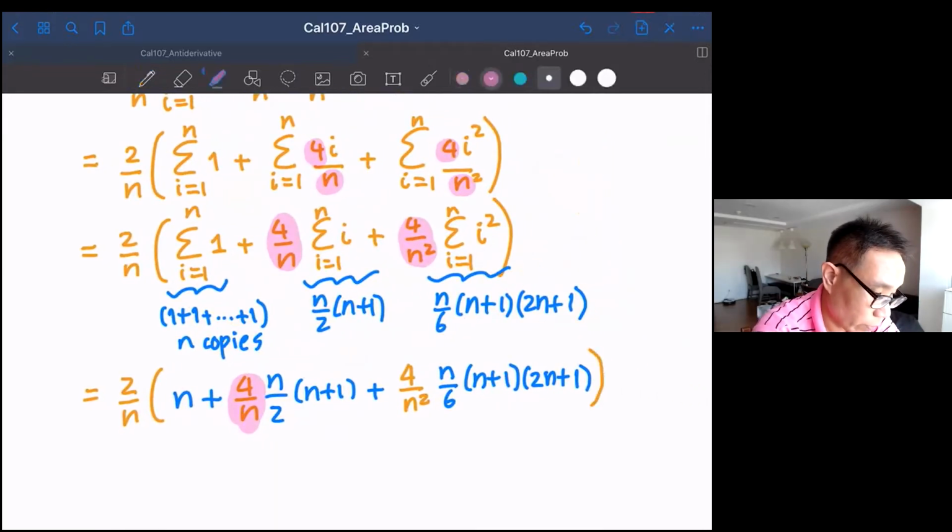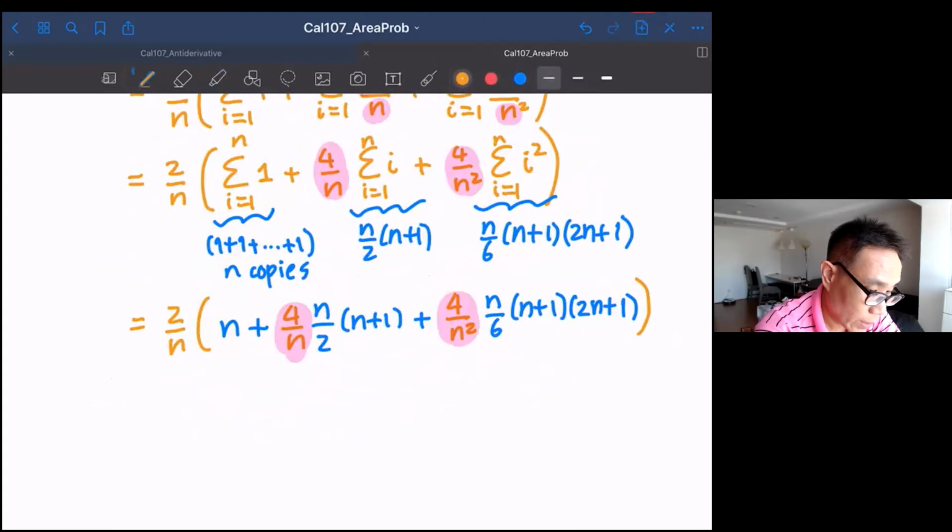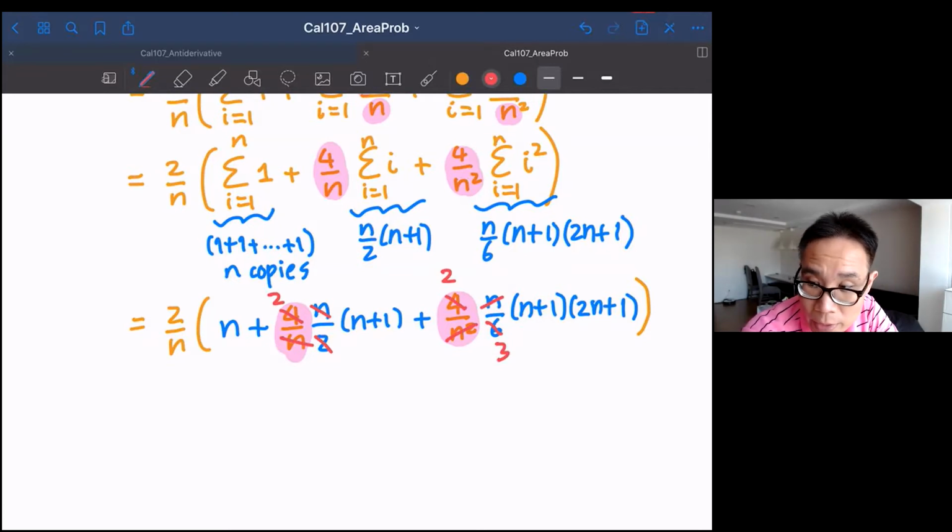So this one will be just this term. And so you're going to have n and n cancel, and 4 and 2 cancel to get 2 and 4, so it's going to be 2 thirds, and n squared and n, so you're going to have 1 n.